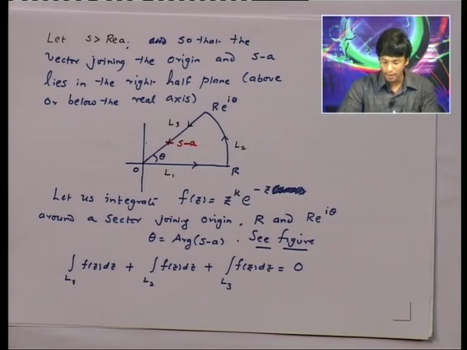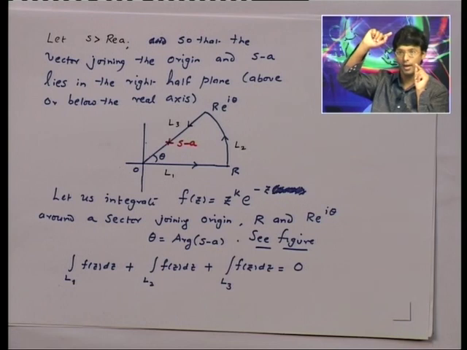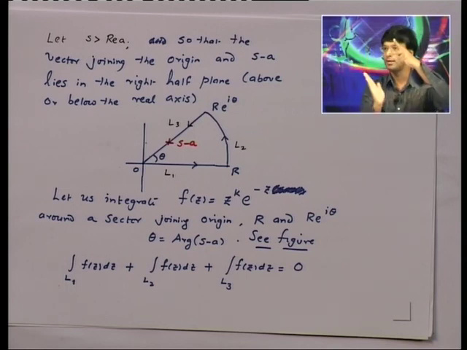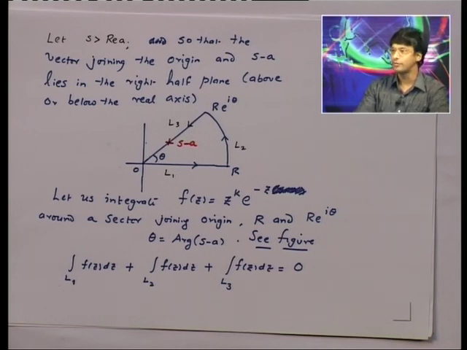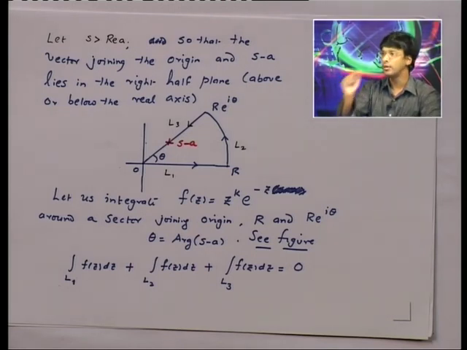Now, let us consider a sector at the origin which consists of the real axis, a circular arc, and back to the origin along the other arm. The sector has two arms and the circular arc. So, let us integrate f of z along this contour consisting of L1, L2 and L3.